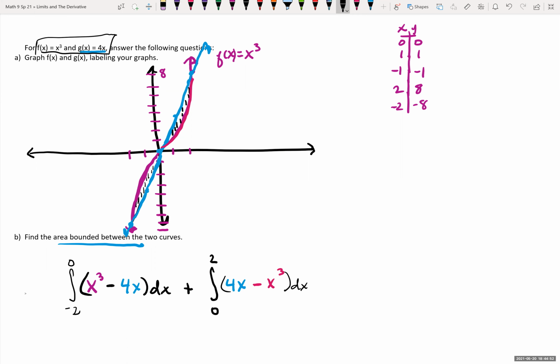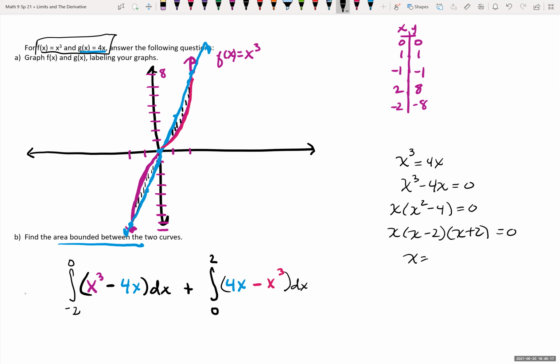So x cubed minus 4x equals 0. Let's factor out an x. That gives me x squared minus 4 equals 0. That's a difference of squares. So x times x minus 2 times x plus 2. So that's when x is 0, -2, and 2. Which were those points that we were saying?